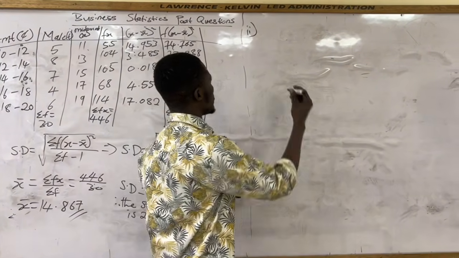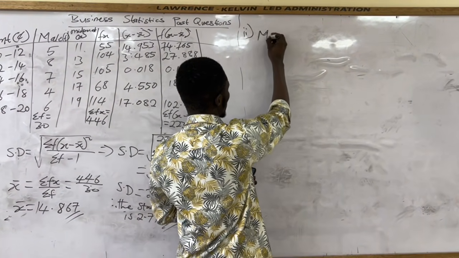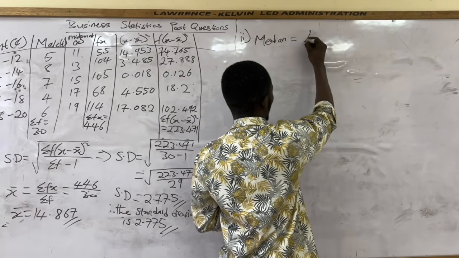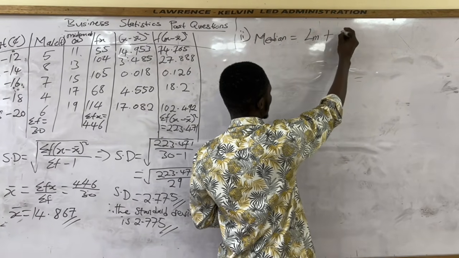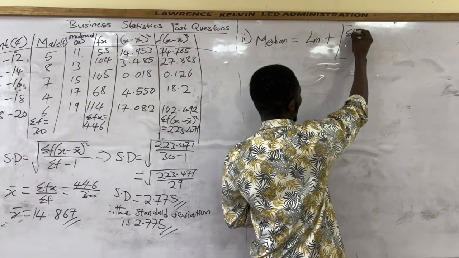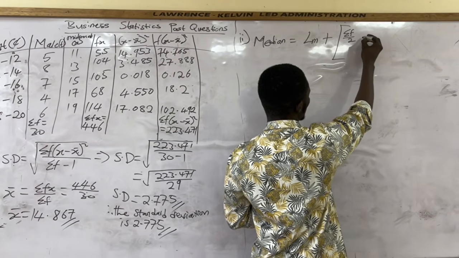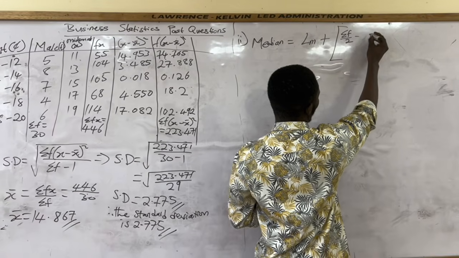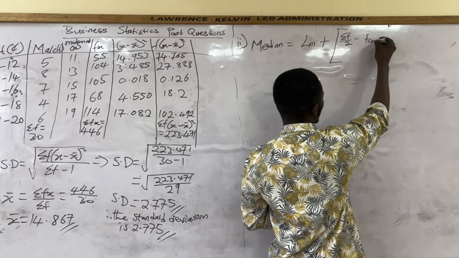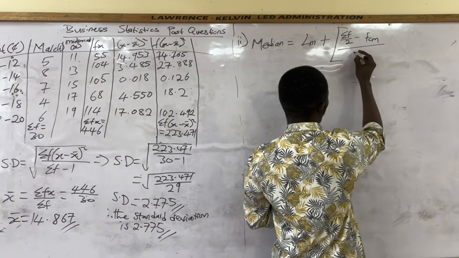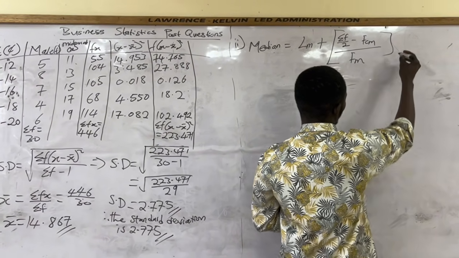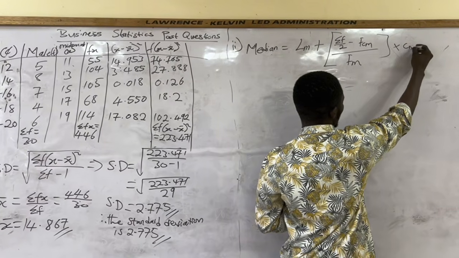The median formula is given by median equals LM plus open bracket sigma F divided by 2 minus FCM all divided by FM. You close the bracket, multiply by CM.